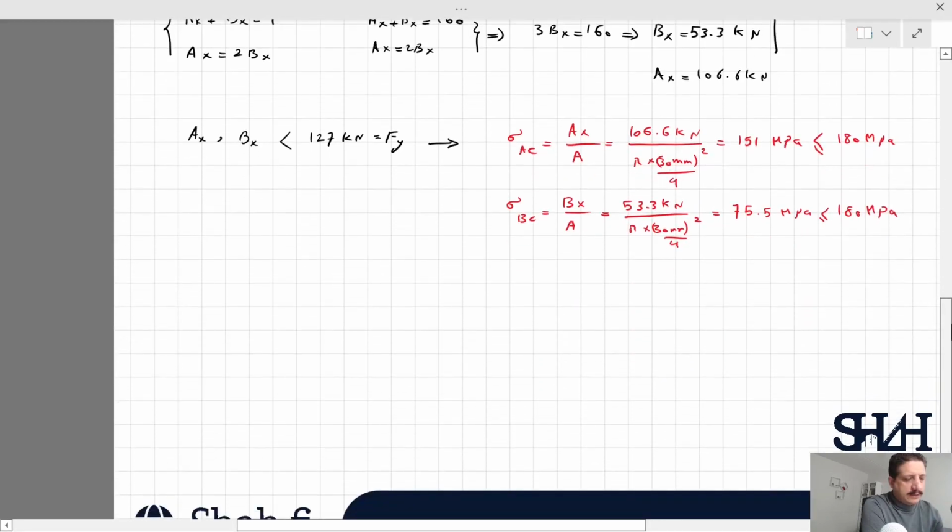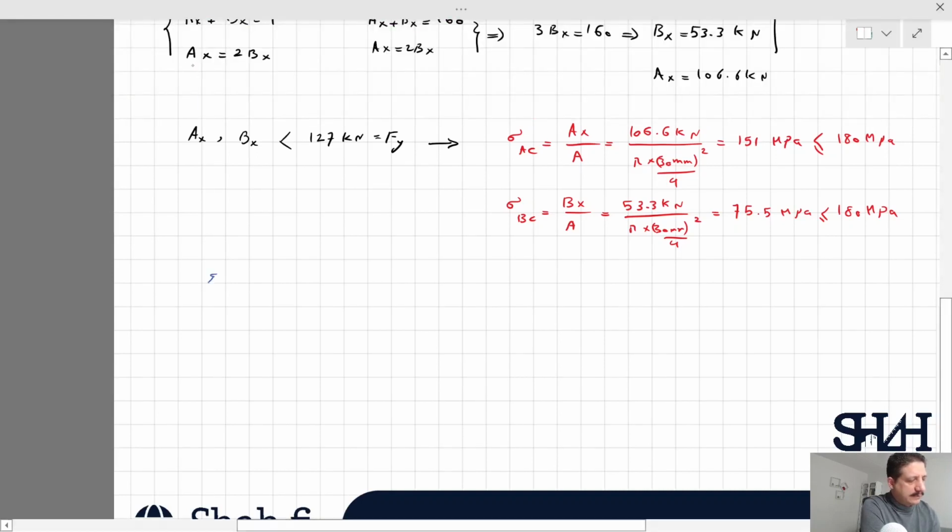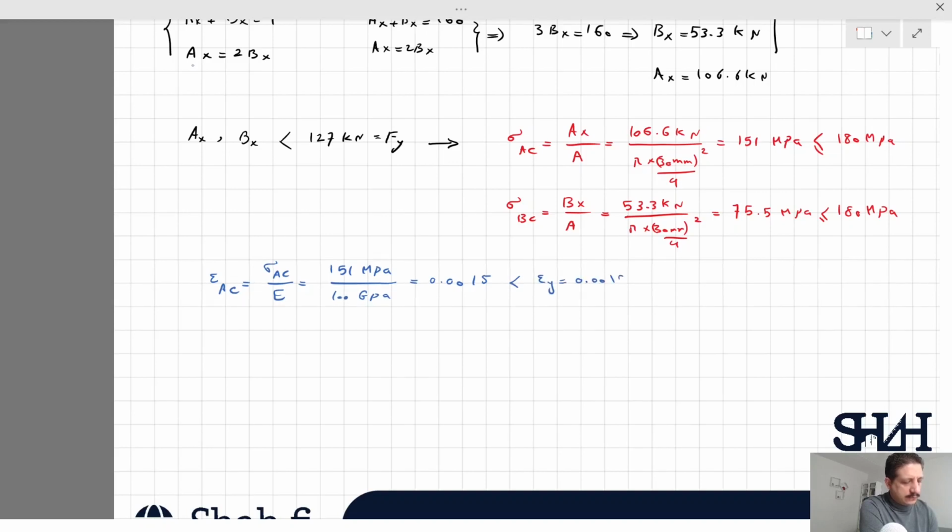Also, we can calculate the strain and deformation for each member. Strain in AC will be sigma divided by the modulus of elasticity, which is 151 megapascal divided by 100 gigapascal, so 0.0015, and it's less than epsilon y, which is 0.0018.